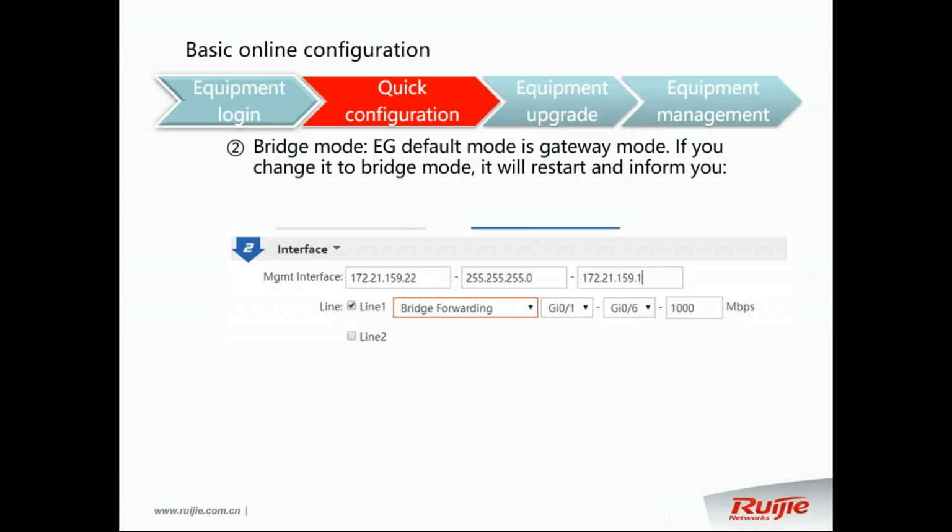Never swap them. Also, in bridge mode, we suggest you do not put our EG after the NAT device, because later the accounting service will have problems. The date will be wrong. So you put it before the NAT device. Just remember the inside interface goes to the core switch and the outside interface connects to the routers if you use bridge mode.